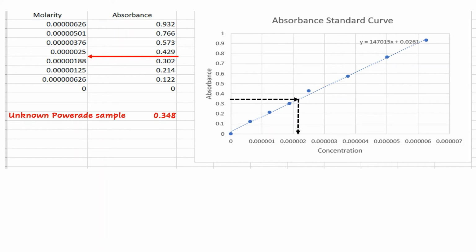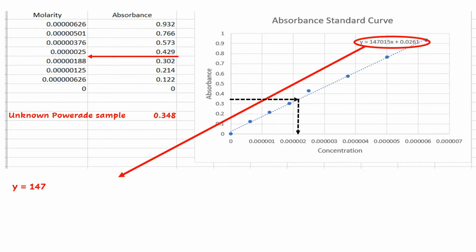So the best way and the most accurate way to determine the molarity of the blue dye in the Powerade is to use the linear regression equation that was given to us in our Excel spreadsheet. When I look at that equation, y is the absorbance because that's on the y-axis. 147,015 is the slope of the line.